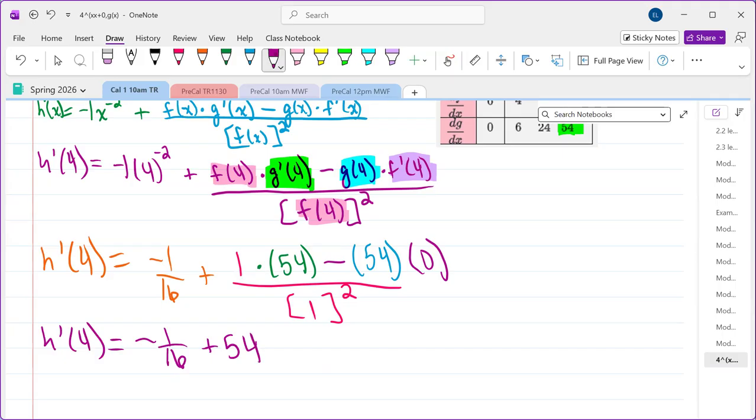So we get -1/16 plus 54. And I'm pretty sure if I type that, Webwork will take it like that.